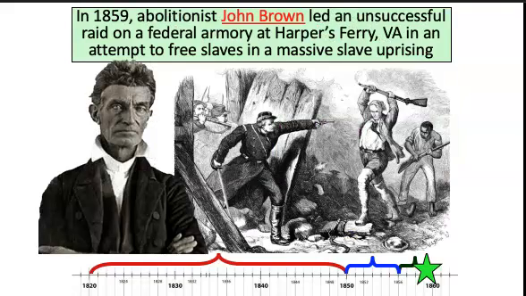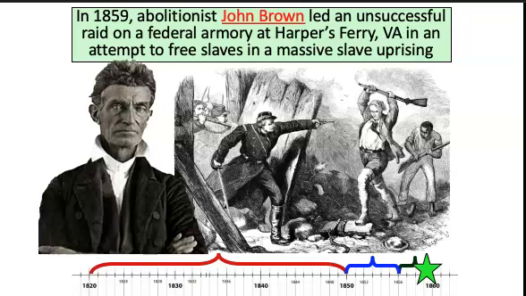Once again, enter John Brown, the man that we talked about from the Potawatomi Massacre during Bleeding Kansas. In 1859, John Brown is going to lead an unsuccessful raid on the federal armory in Harper's Ferry, Virginia. Remember we talked about him wanting to be kind of this Moses figure. He wanted to free slaves in a massive slave uprising.